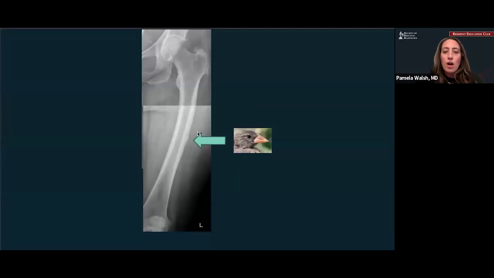So that image, what some picked up, again, very subtle, is some cortical beaking. So when we follow the contour of our femur, we can see that this kind of juts out a bit, and it's extremely subtle, especially in this case. So kind of a tricky case here.